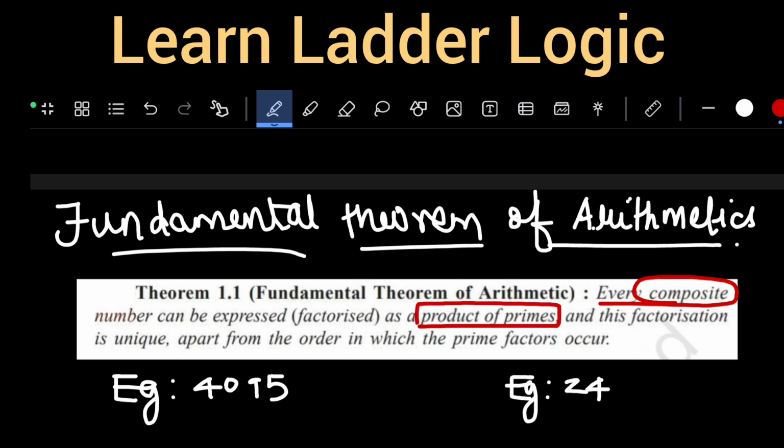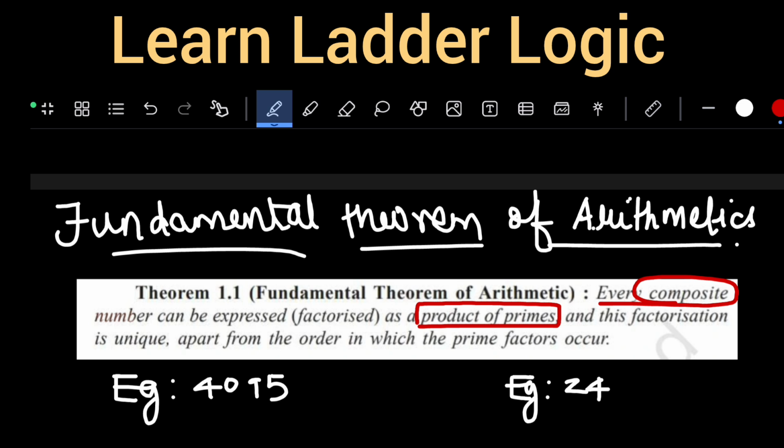Okay. Now we have understood what a composite number is and what the prime numbers are. Right? So now it is easy for us to understand this concept and do the prime factorization of numbers.